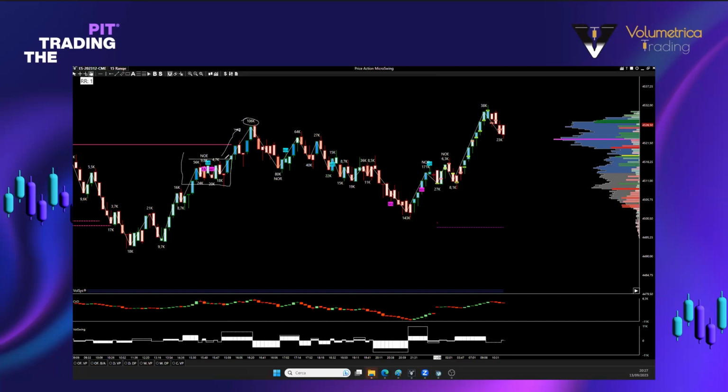This tool shows us the total volume involved over more bars. So just for reference, over this swing to the upside, 106,000 lots transacted took place.